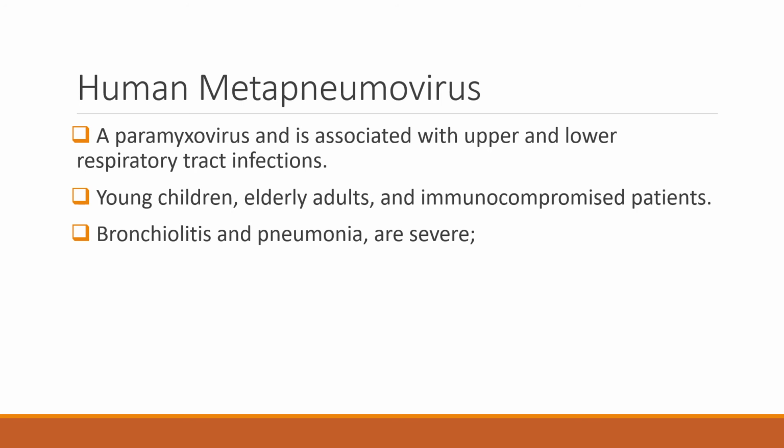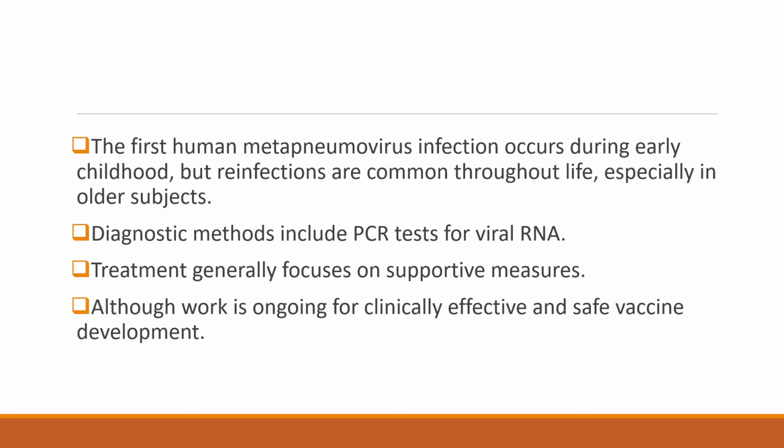Second is human metapneumovirus. This is a paramyxovirus and is associated with upper and lower respiratory tract infections. Young children, elderly adults, and immunocompromised patients are more susceptible, and that will lead to bronchiolitis and pneumonia that are severe. The first human metapneumovirus infection occurs during early childhood, but reinfections are common throughout life, and especially common in older subjects.